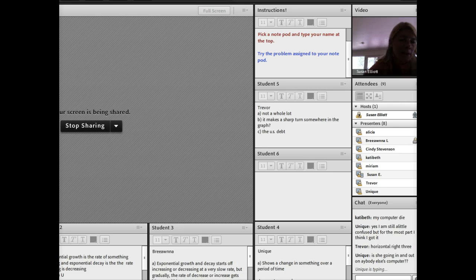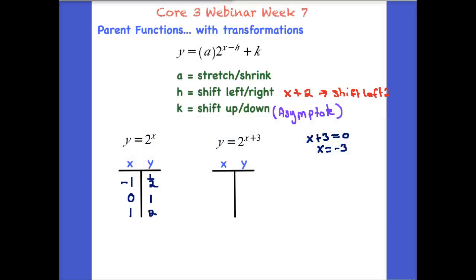So that might be why I'm going in and out on yours. If I'm going in and out on anybody else's, let me know, and then I can freeze the webcam again too. Oh, my voice is skipping. Okay. Hopefully it stops. It's your internet connection. It's too slow, Unique, too slow.